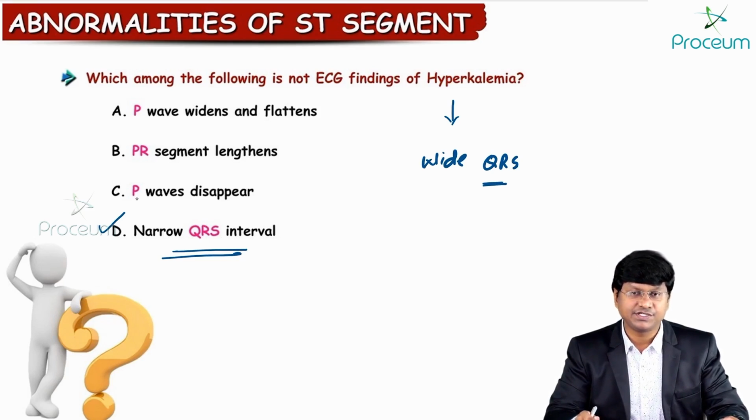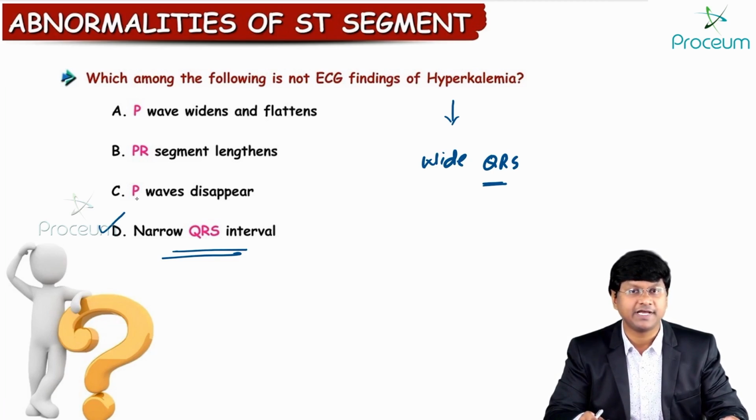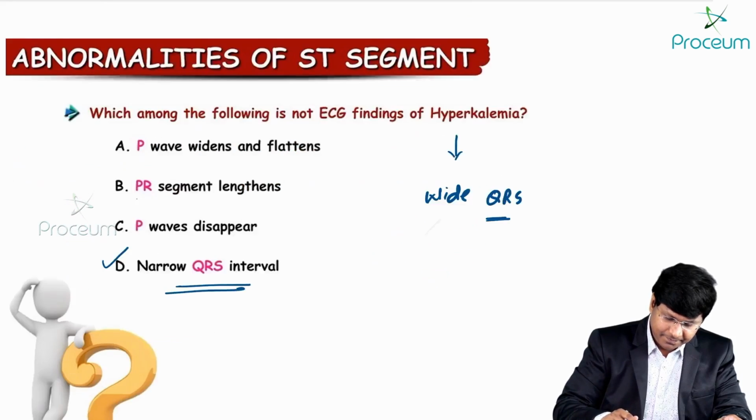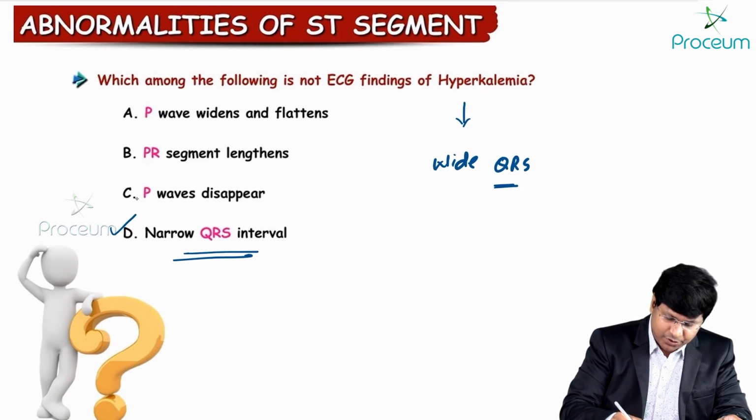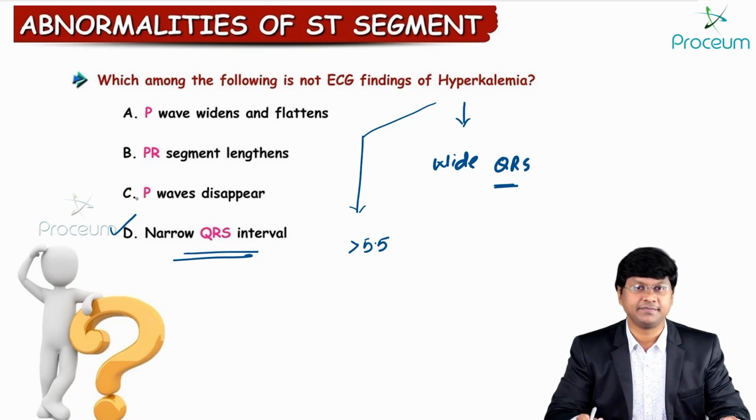Let me discuss the ECG changes, and I will also show you the respective ECGs with those ECG changes related to your hyperkalemia. So when do we use the word hyperkalemia? When the potassium levels are more than 5.5 milliequivalents per liter, that is what is called hyperkalemia.